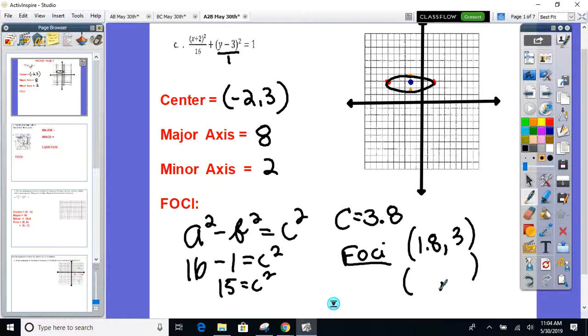I'm going to tell you, today I may give you the point, and you've got to come up with the equation. So you've got to know what it does, which is it's always on the major axis, and it's always an equal distance away from the center. Because I'm going to give you a problem today that says, here are the foci, now give me the equation, instead of giving you the equation and finding it. And then going backwards, what do we have? -2 minus 3.8, which is what, -5.8?